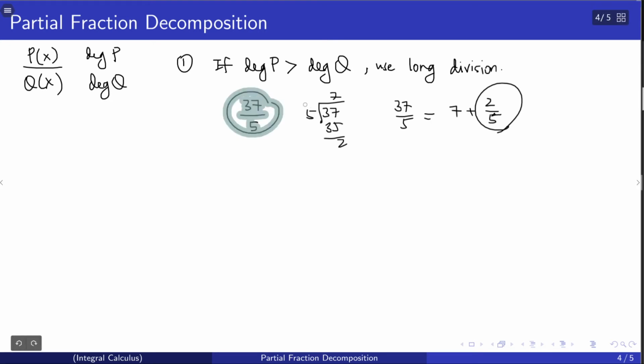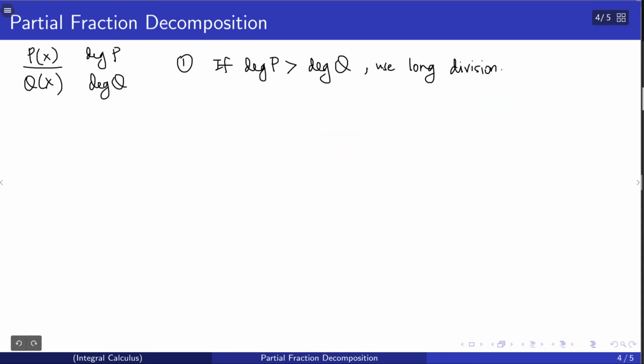That's the idea here with our first step. After we do that, we want to get our rational function into a place where the degree on top is strictly smaller.